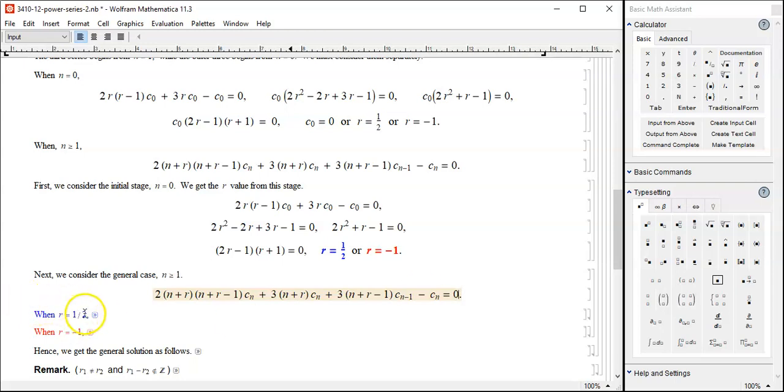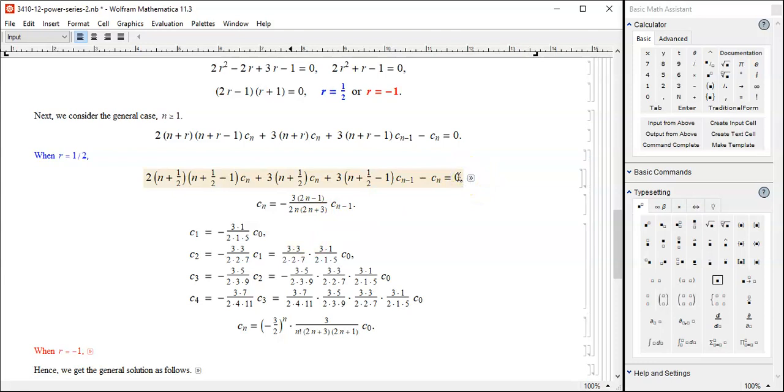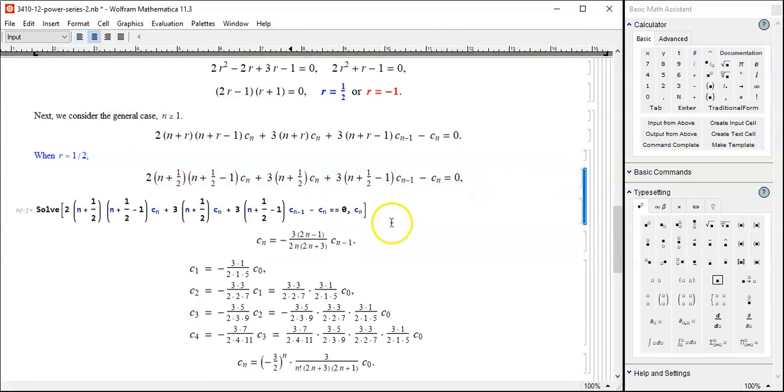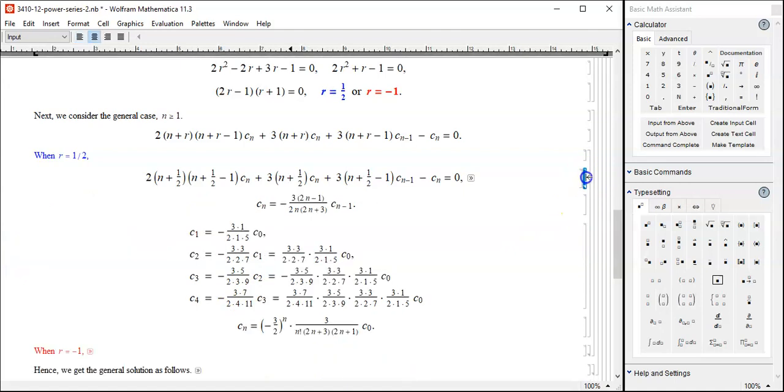And when r is 1/2, plug in 1/2 over here and then solve for Cn. And we're going to get something like this. Oh boy. As a matter of fact, you can use a Mathematica command to find Cn in terms of Cn minus 1 like this. And eventually you're going to get this expression.